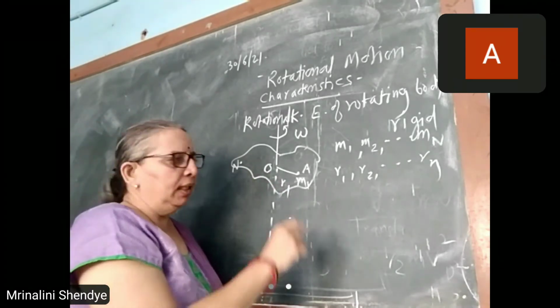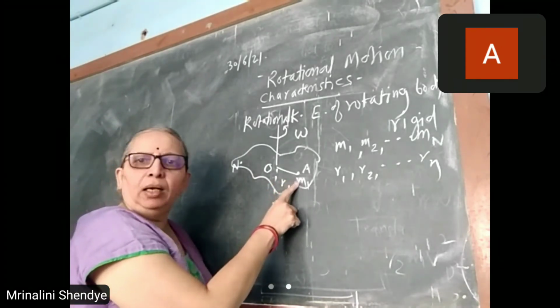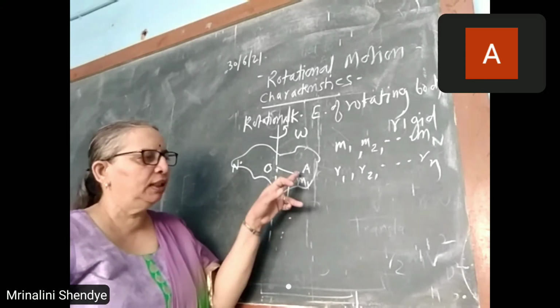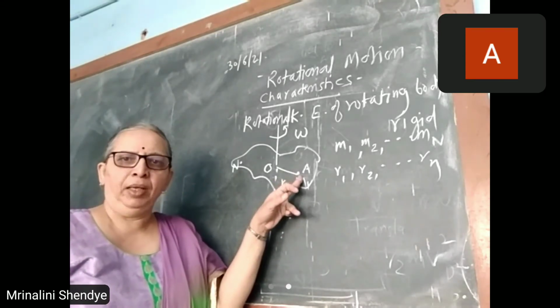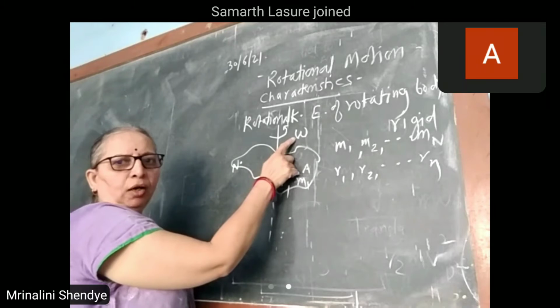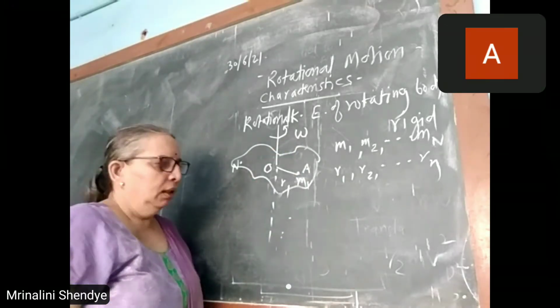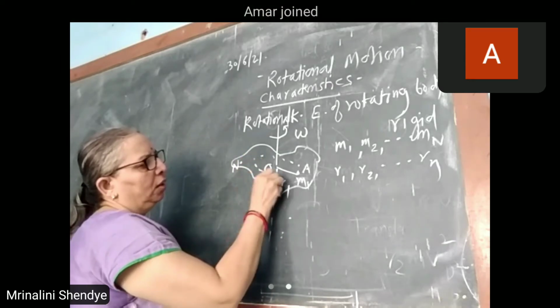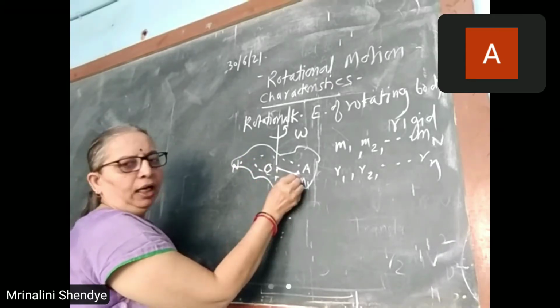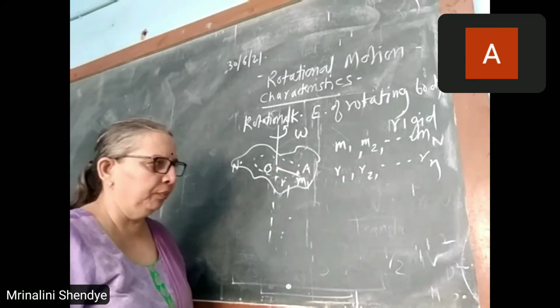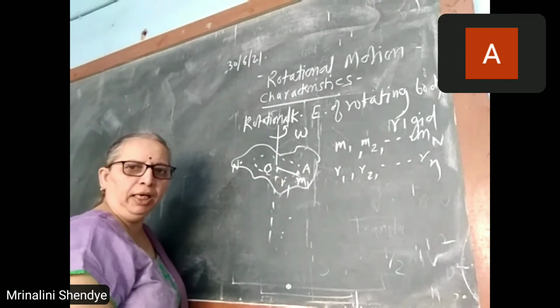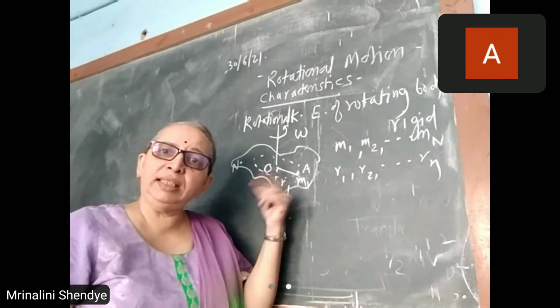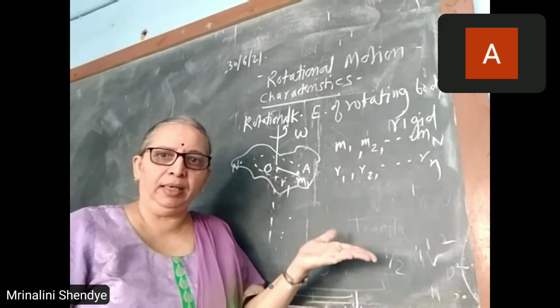We will consider the motion of the particle of mass m1, suppose situated at A. So what will happen when the body rotates? This particle will trace a circular path of radius equal to r1. During this motion, being in circular motion, it will possess linear velocity.